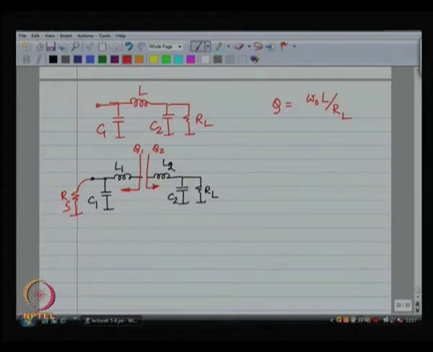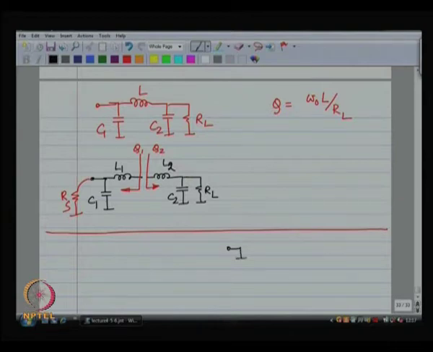So, what have we got so far? So far what we have got is a technique that is as follows. First we transform R L into some intermediate resistance looking in from here.